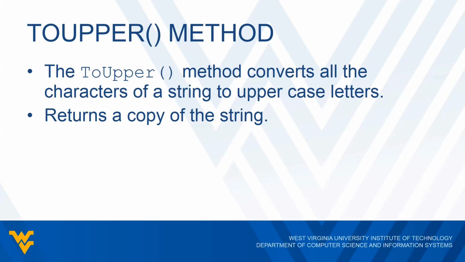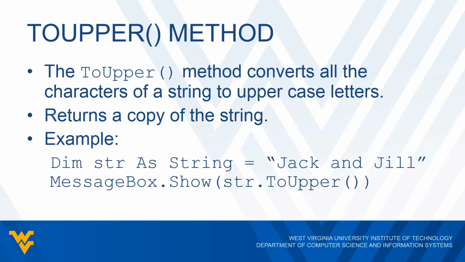So if you try to just print out the contents of the original string, it's still going to have the upper and lower case letters. You would need to take the result of the method in order to see the full uppercase string. Let me give you an example of how we would do this. Here's some code, using the same example as before. We have Jack and Jill as our string in str. But now we're going to invoke the toUpper method on str.